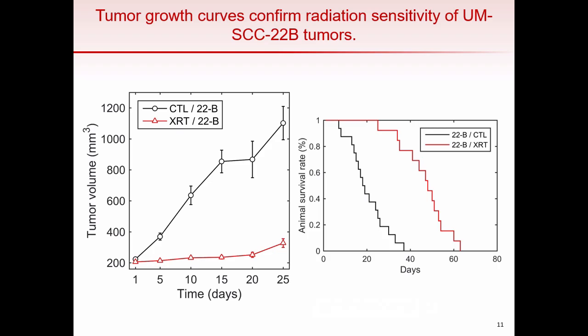The first evident observation was that these two groups have very different growth patterns: the group that was irradiated had much slower growth compared to the control group. Given that we irradiated these animals only 4 times with 2 grays, this clearly indicates that this cell line, UMSCC22B, is sensitive to radiation.